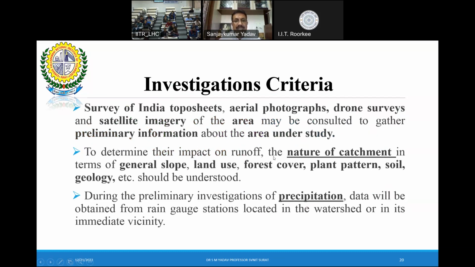To determine their impact on runoff, the nature of the catchment in terms of general slope, land use, forest cover, plant pattern, soil geology, etc. should be understood. During the preliminary investigations of precipitation, data will be obtained from rain gauge stations located in the watershed or in its immediate vicinity.